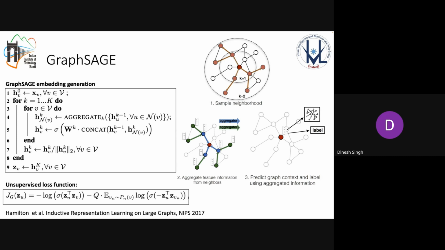The end embeddings, or the end features we are learning, are very much in alignment with our target variables if we are using supervised learning, or if we want to learn some task-invariant embeddings for nodes, we can define an unsupervised loss and train all those parameters with that. That is a very initial method in graph neural networks, and this work was published in NIPS in 2017. You should follow it if you are interested in learning more about this kind of method.